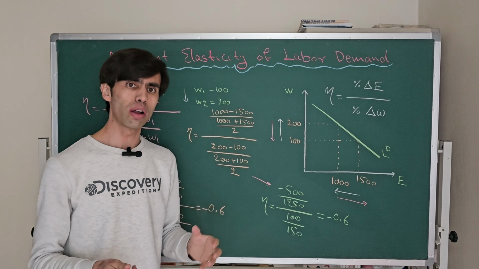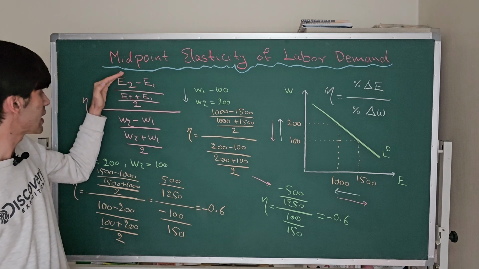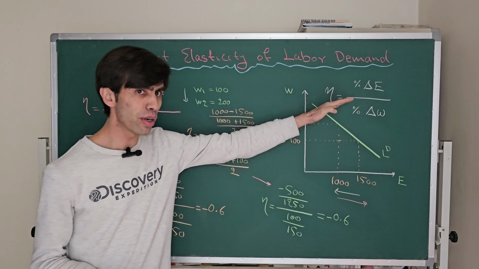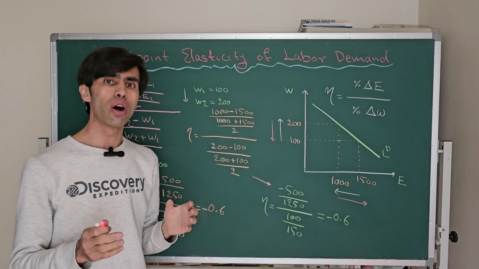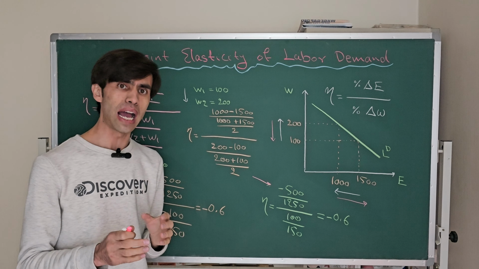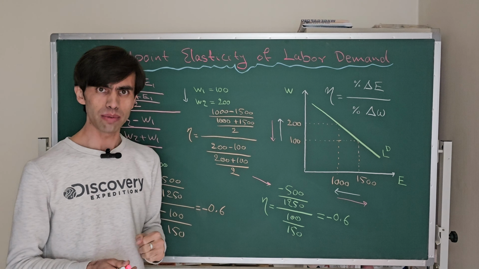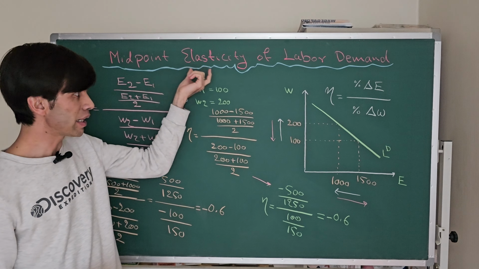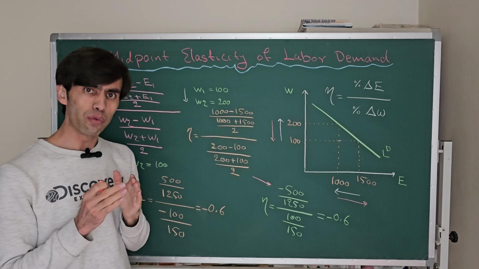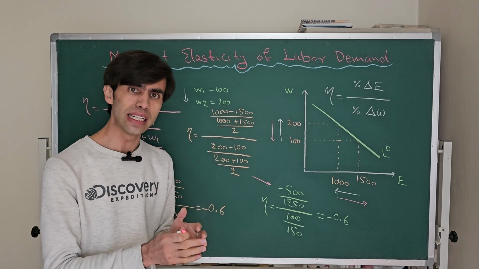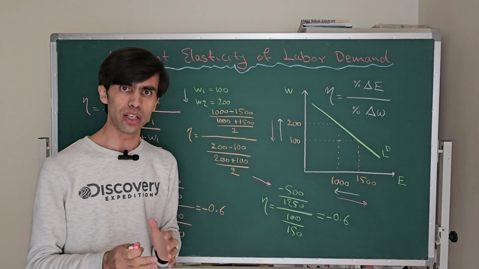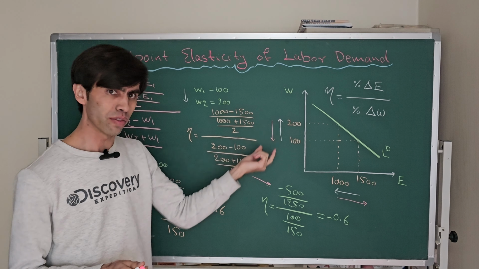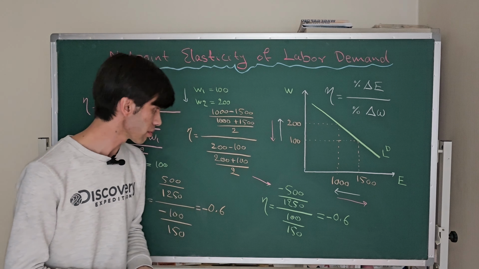So how can we solve that problem? By using midpoint elasticity of labor demand, we may solve the problem of having different values. By using midpoint elasticity, we will get the same, identical value, whether we move up or move down. How?